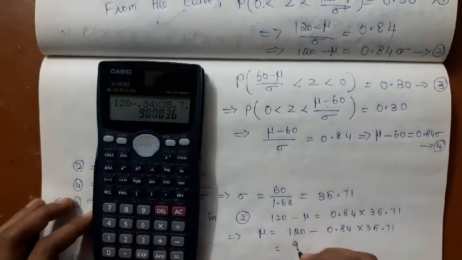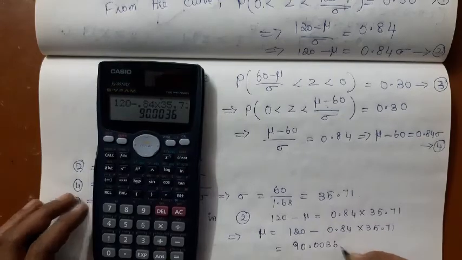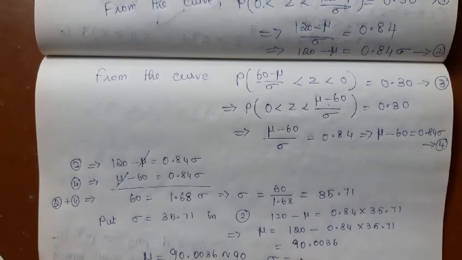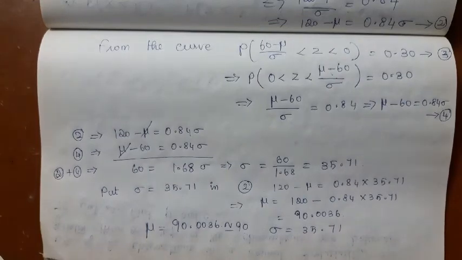I get 90.0036. Okay, so the mean of this normal distribution is 90.0036. You can approximate it to 90, and sigma is equal to 35.71. Okay, so this is how you find the values of mu and sigma in a normal distribution.